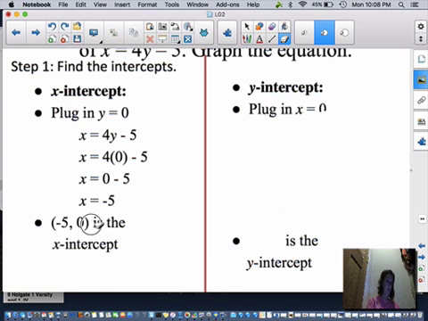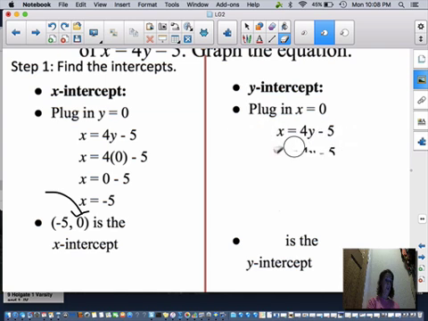So if you notice, we solved for x equals negative 5. Since we plugged 0 in for y, y has to be 0. Now we're going to solve for the y-intercept using the same equation, because we're trying to find the x and y-intercept of that linear graph. So we're going to plug 0 in for x.